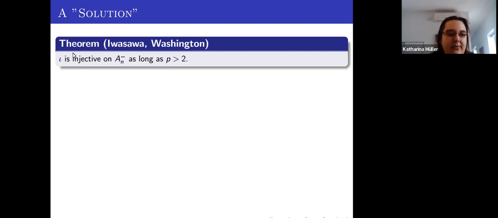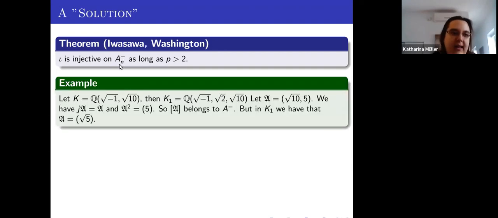If p is an odd prime, then iota is injective at least on A_n^-. A_n^+ is way more difficult, but on A_n^- it's injective. And the problem is not only that the proof of Iwasawa and Washington does not work for p equal to 2, simply the claim is not true for p equal to 2.